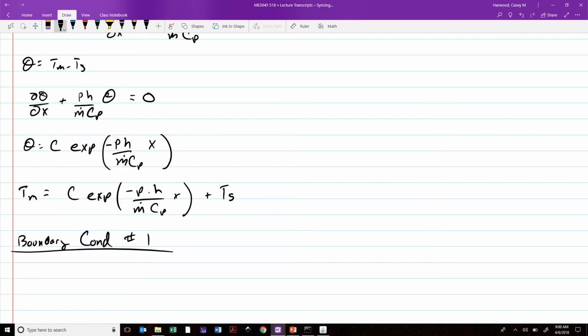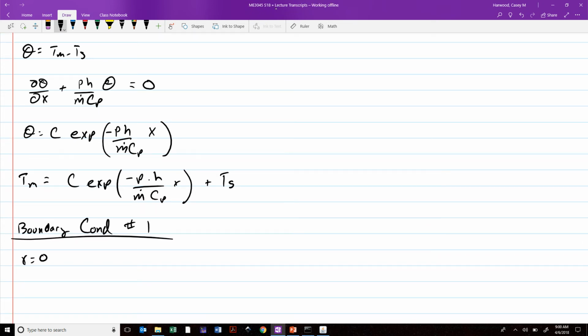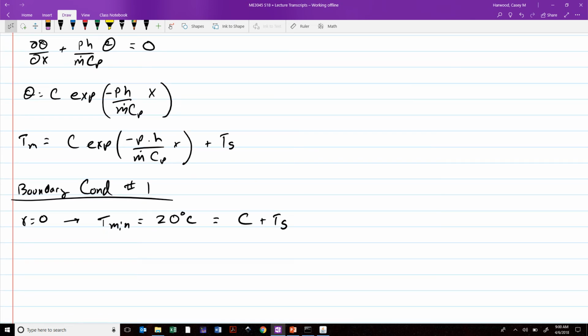So apply our boundary condition at the pipe inlet, x equals 0: Tm,in is equal to 20 degrees C, which is equal to C plus Ts. Which suggests that C is equal to negative 130 degrees Celsius.